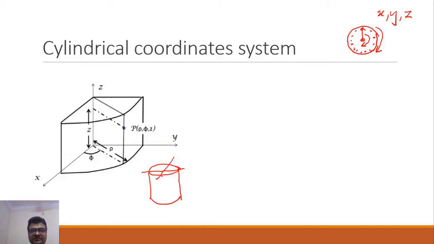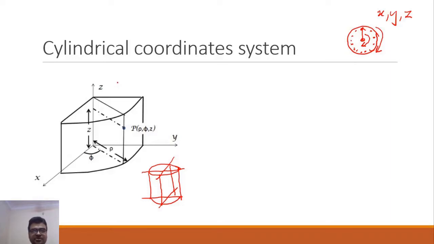So here we are slicing this cylinder in 4 parts and considering only 1/4 part of this cylinder, and anything that we do in this section of the cylinder will help us in understanding all the rest of the coordinates.